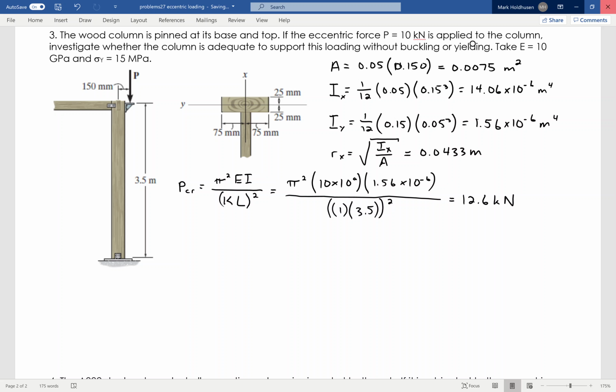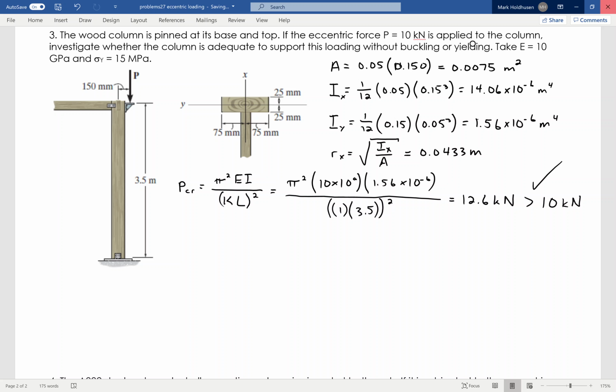So critical load is 12.6. Okay, that is greater than the 10 kilonewtons I was given. So we are okay. Give it a check mark. Because it can handle up to 12.6. So if I only put 10 on it, we're A-okay.